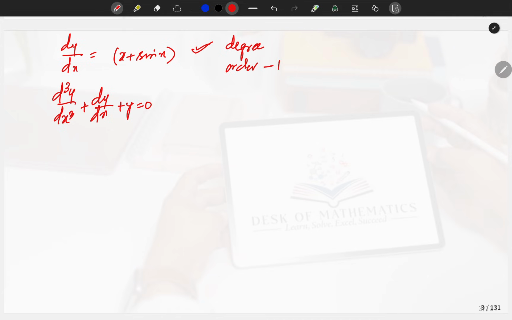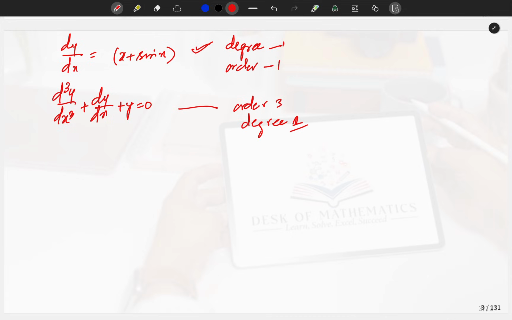Here the order is 1, the degree is 1. Here the order is 3 and the degree is 1. Okay. These types of questions will be on order and degree, and they may ask you the definition as well. They may even ask whether it is an ordinary differential equation or a partial differential equation on the basis of the independent variable.